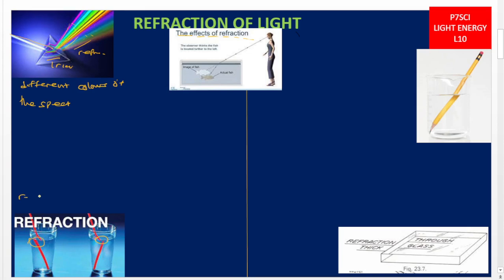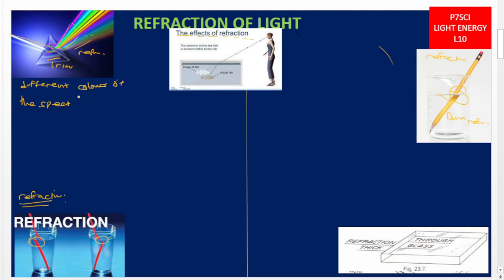It is appearing to be bent due to refraction of light. And in exams, they can draw this pencil and ask which property of light is being shown. So the property is refraction of light. Or they can ask, why is this pencil appearing bent? It's not bent, but it's appearing bent. Why? Due to refraction of light.